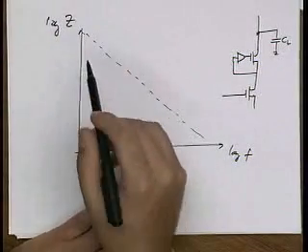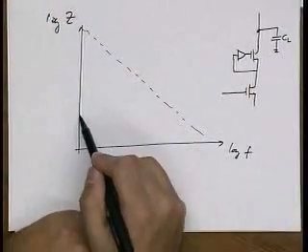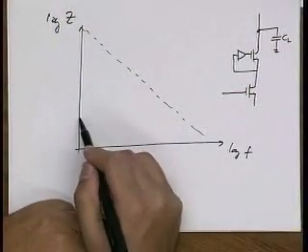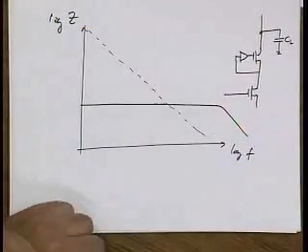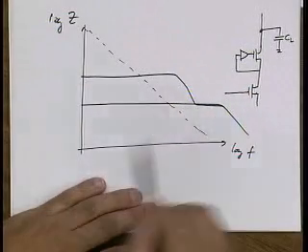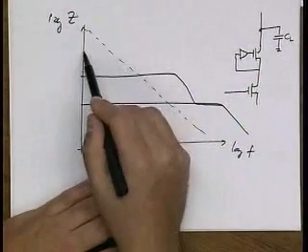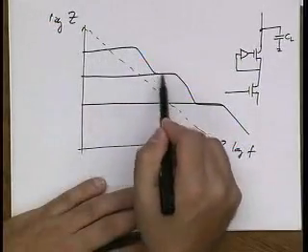Now the boosted response, well, let's redraw this. So this is our regular, let me draw it somewhat accurately here. This is my regular device. This is my cascode device. And then this is my, let's say, my gain boosted device.